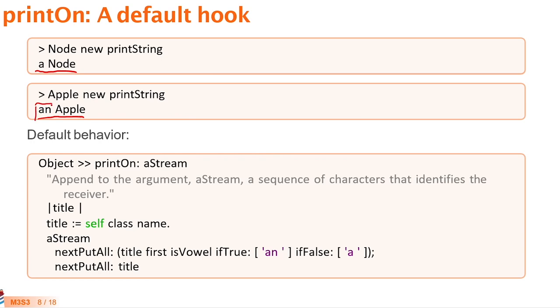So we can see that the article here is different. Now we can have a look at the default implementation in the Object class. What it does is that basically it will get the class name of the object, and then it will test if the first letter is a vowel or not. And according to that, it will display the correct article. This is the default implementation of printOn: in Object.